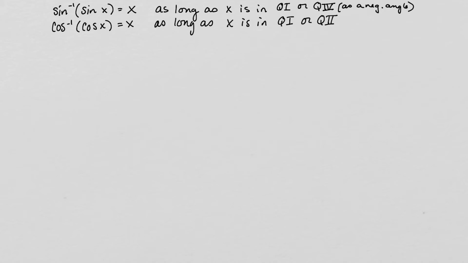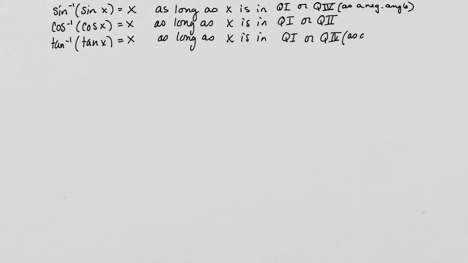And the inverse tangent of the tangent of x is just going to be x as long as x is in quadrant 1 or quadrant 4. And again, in quadrant 4, it has to be as a negative angle. Right? So those are the quadrants we're looking for in these problems.